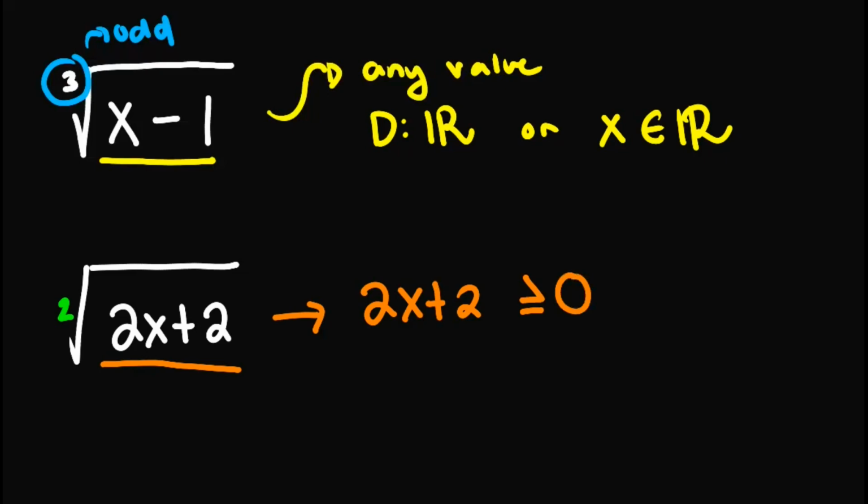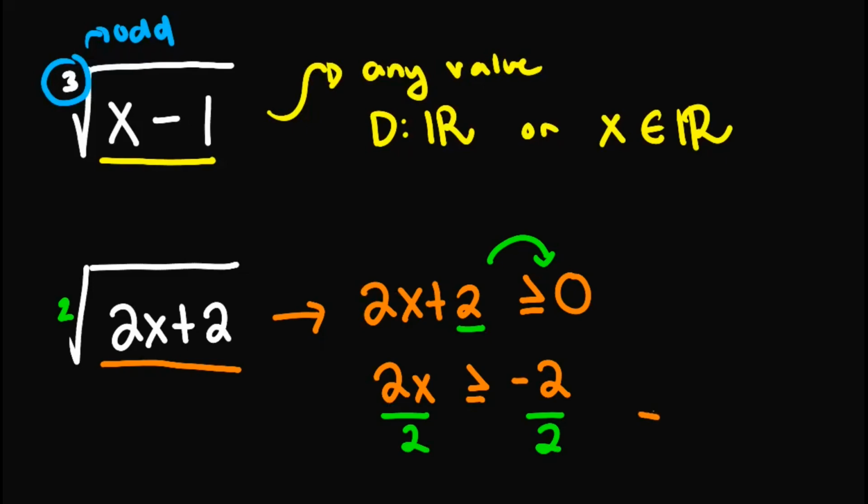To solve this, we simply treat it like equations. We can move this to the right side to obtain 2x is greater than or equal to -2. Then we can divide both sides by 2 to finally obtain x is greater than or equal to negative 1. And this is our domain.